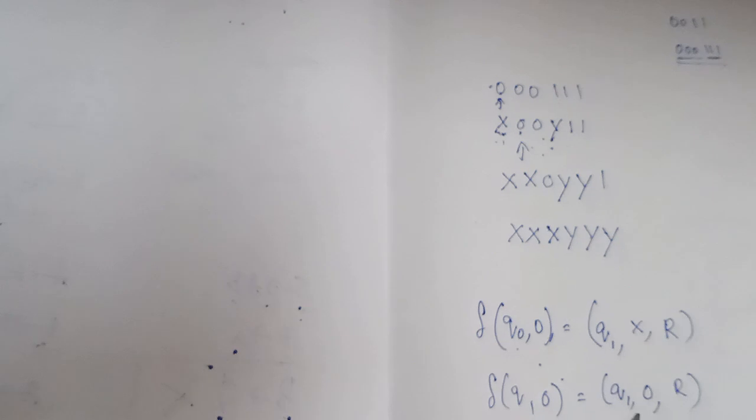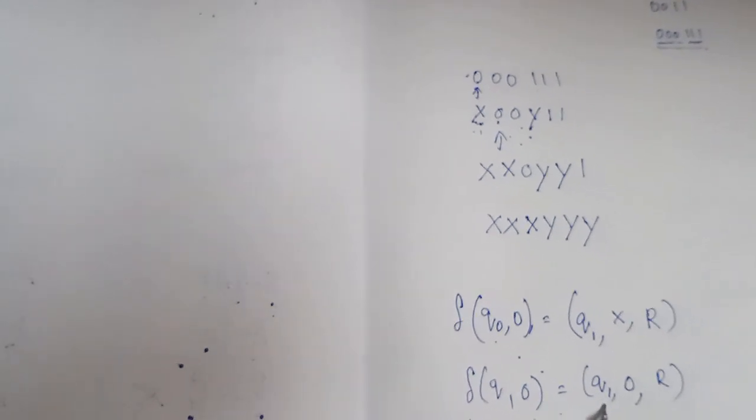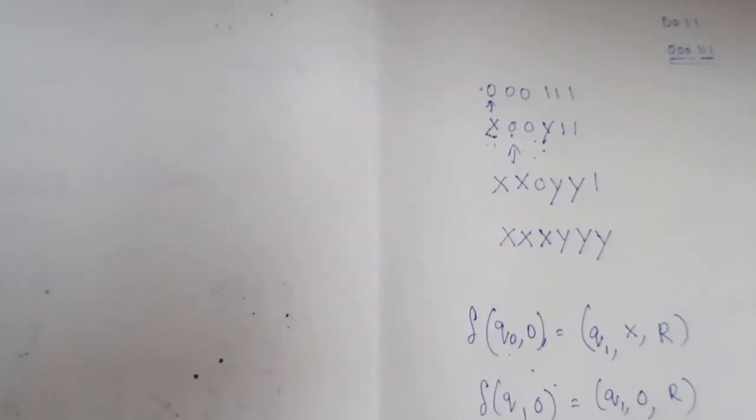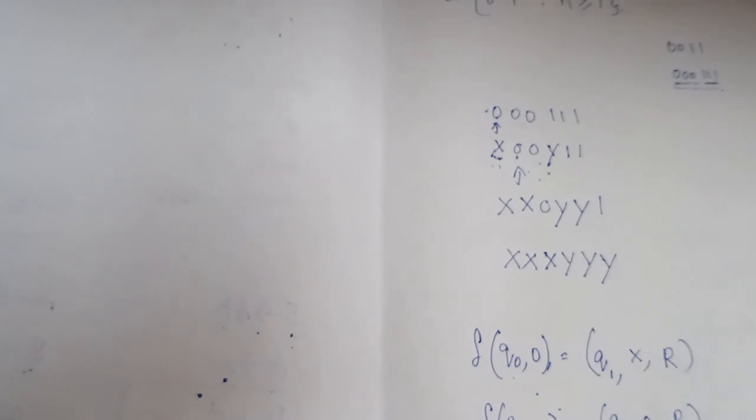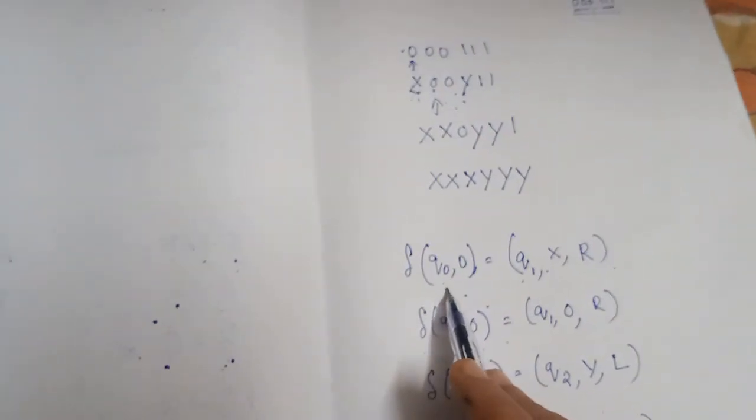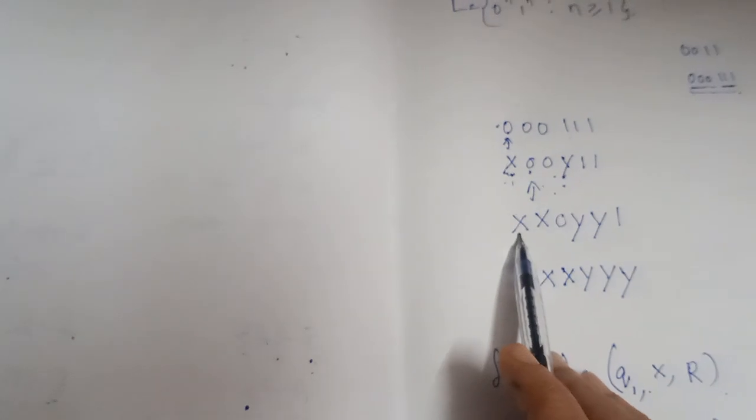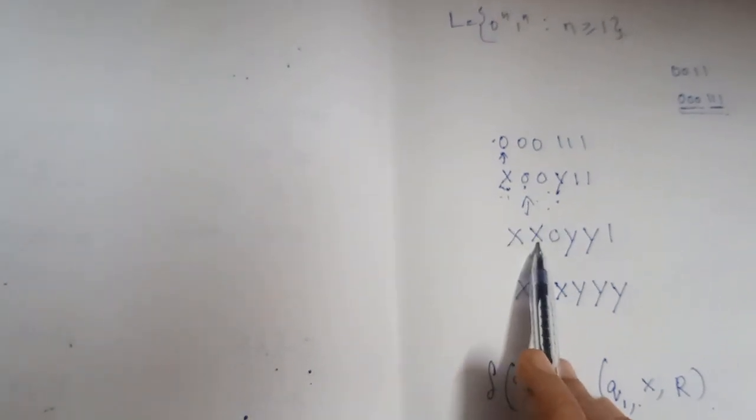Q1 on 0 is going to q1, 0, R. So I want one more transition. That is q0 on 0 is q1 x R, replacing this 0 with x. Same transition: q0 on reading 0, replace that with x and move to q1.